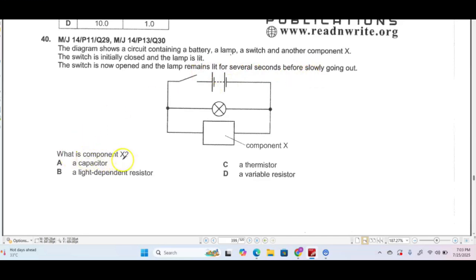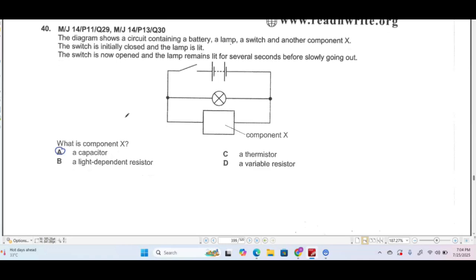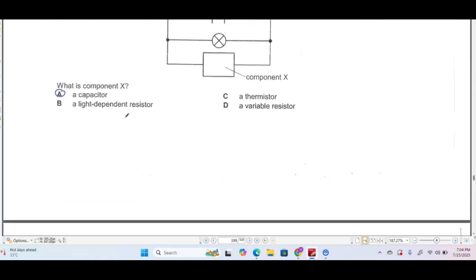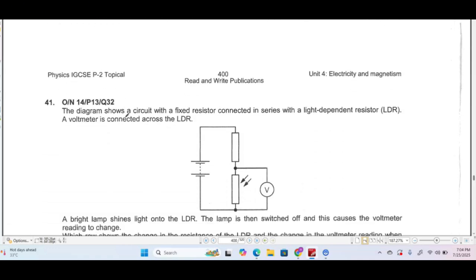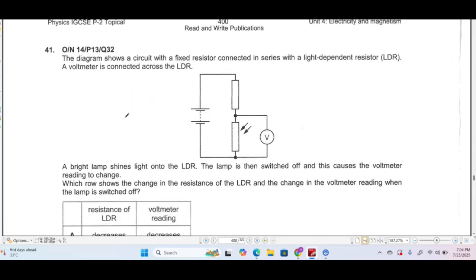Okay, this component X is a capacitor, and I think this was included in the syllabus back in the days because this question is from May-June 2014. We haven't got this in our syllabus. So the correct answer to this is a capacitor, but we don't need to know about this, I think.